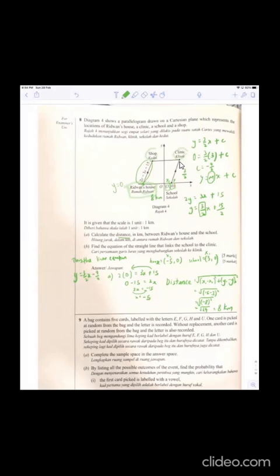So we don't want the bottom to have the 2, right? So we move the 2 up here. So become 2y equal 3x minus 9. So this is the final answer for the equation. Okay, let's see the next question.